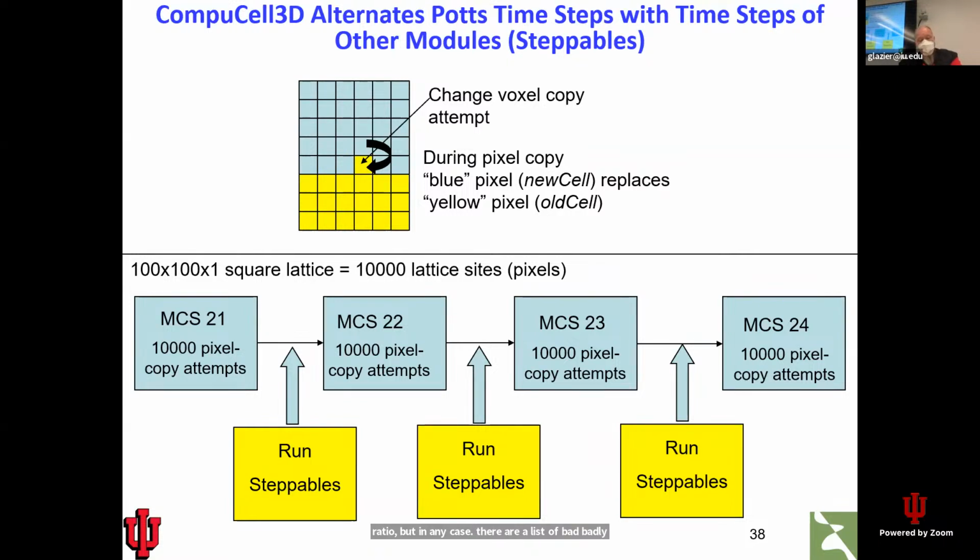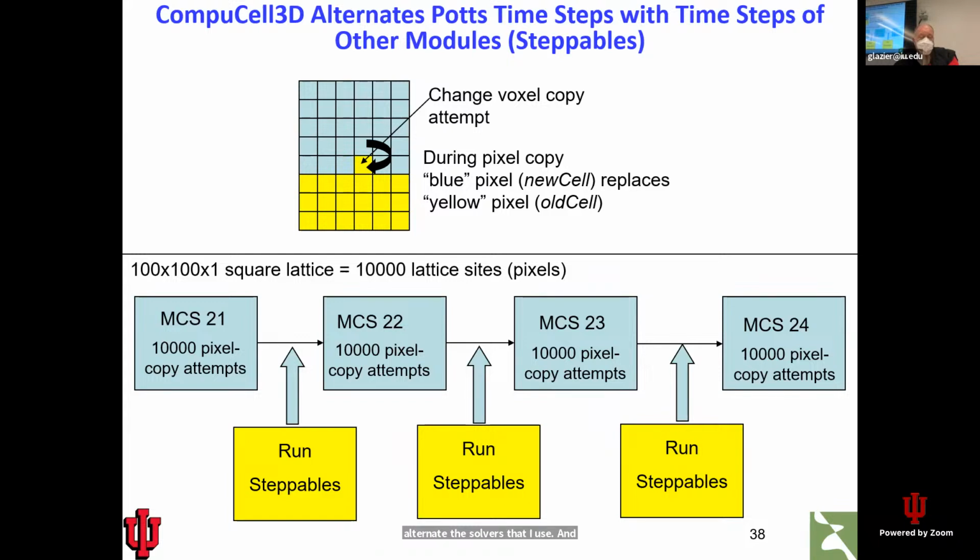However, the basic idea is the following. Suppose that I have chemical fields in my system. What I do is I say the chemical fields are such and such. And then I update the cell positions, assuming the chemical fields are frozen. And then I update the chemical fields, assuming the cell positions are frozen. And then I update the cell positions again. So I alternate the solvers that I use.